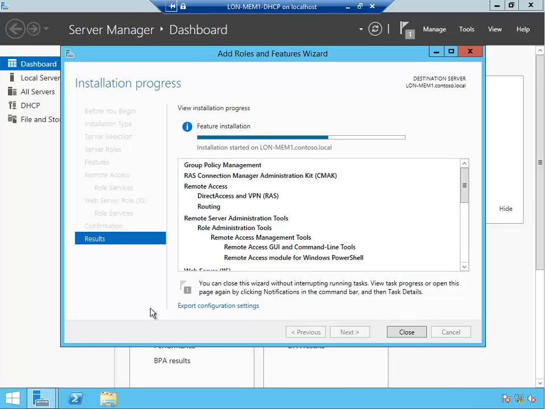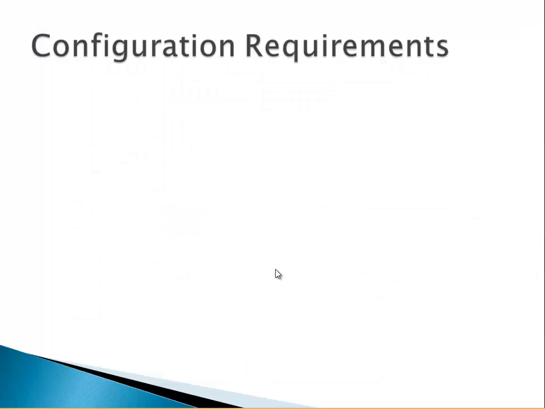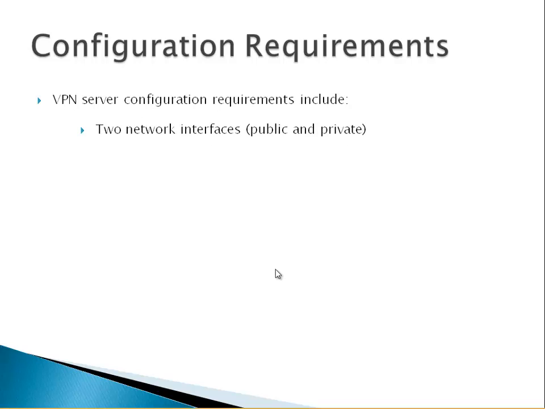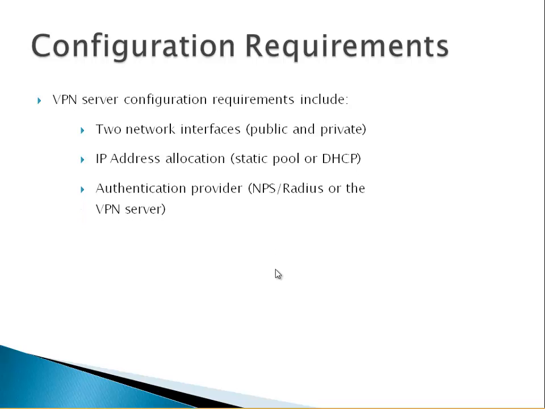Okay, if you go back to the slides, configuration requirements. For VPN, we need two network interfaces, one for the public connection or the internet and one private local area network. We have to think about IP address allocation. We said that we're going to get this virtual IP address, and we have to think how we're going to get it. Are we going to get it statically or from DHCP? Then the authentication.